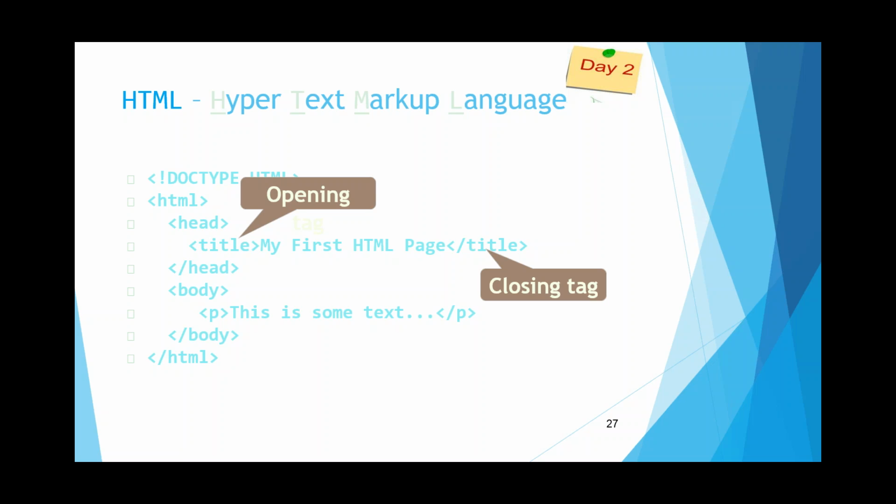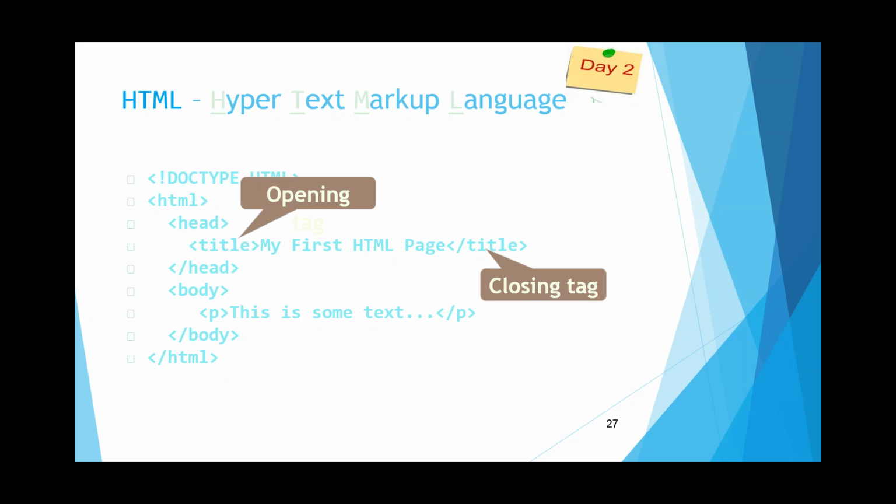The opening tag is just the name within angular brackets, and the closing tag is the forward slash and the same name as the starting tag inside angular brackets. That is called the closing tag. Even XML is in the same format. So this is how hypertext markup language will be.